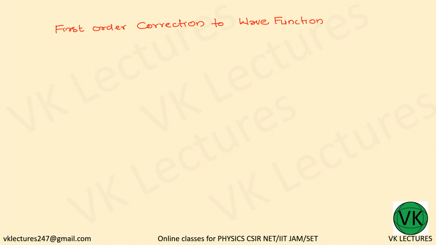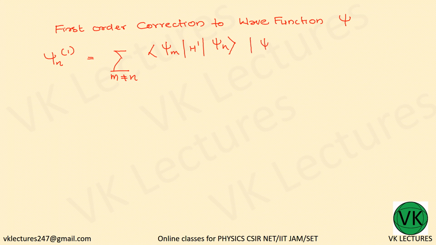This is represented by psi for the nth state, the first order correction, equal to the sum over m not equal to n of psi m h dash psi n into psi m, divided by En naught minus Em naught.